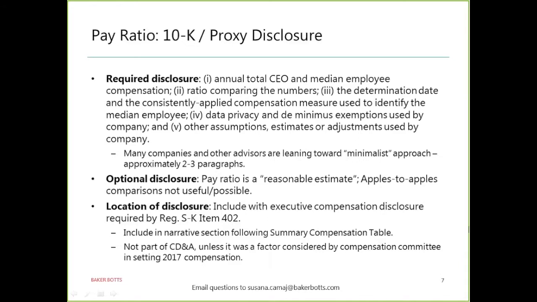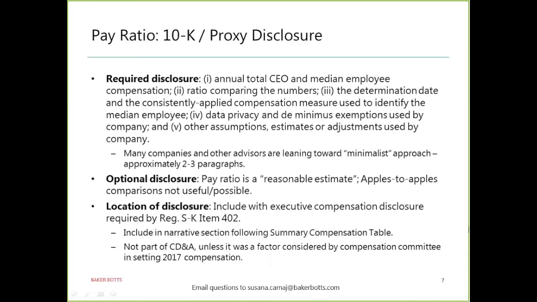Other data points that are required to be disclosed in the proxy statement or in the 10K include the determination date that you had used, and what consistently applied compensation measure you had used to identify your median employee. So if you had decided that you were going to look at your employee population as of November 30th, and that you would identify your median employee based on base salary and bonus, then those are data points that you would disclose in your 10K or proxy statement.